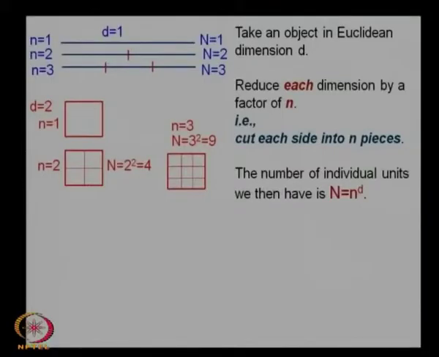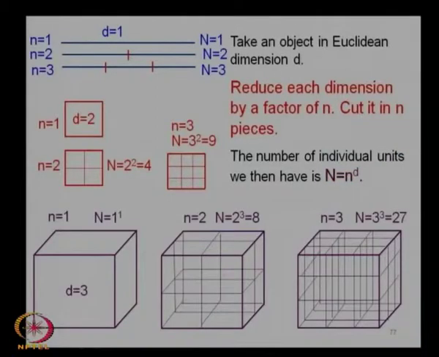So, capital N is now 4, little n is 2. Little n is the number of times you divide each edge, but for d equal to 1 it was the same, for d equal to 2 it is already different. If you divide it into 3 parts, so small n is equal to 3, and you divide this edge into 3 parts and this edge also into 3 parts, then the number of identical self similar pieces that you get is 3 into 3, which is 9.